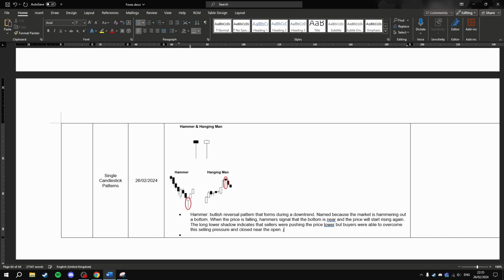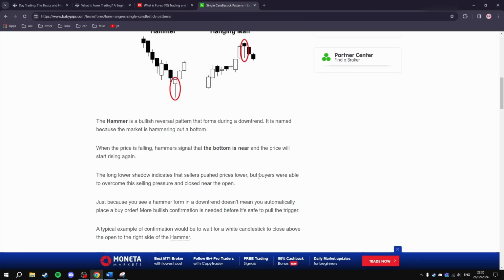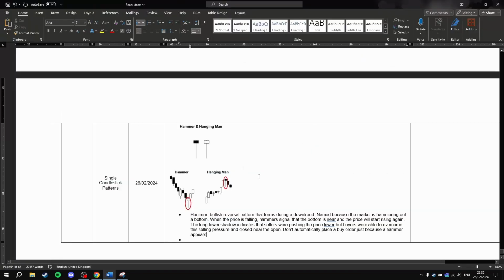Just because you see a hammer form in a downtrend doesn't mean you automatically place a buy order. Don't automatically place a buy order just because a hammer appears. More bullish confirmation is needed before it's safe to pull the trigger.